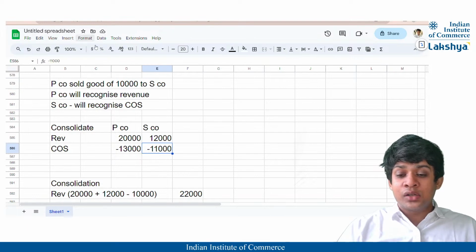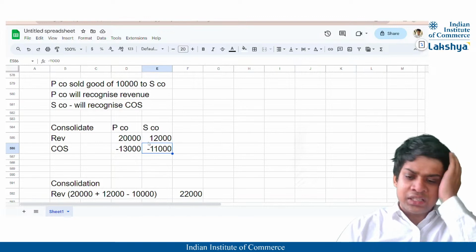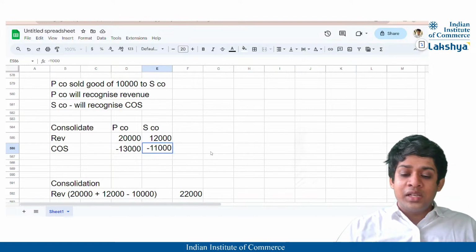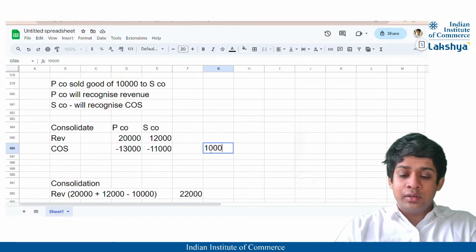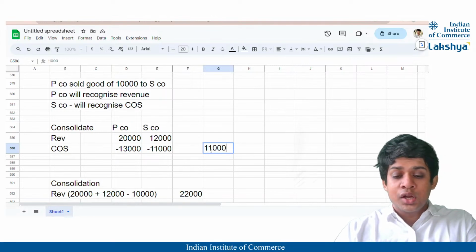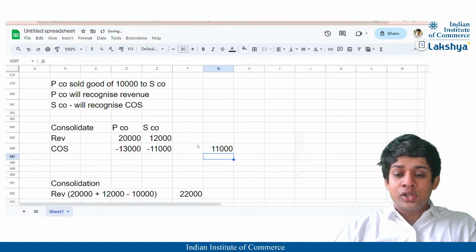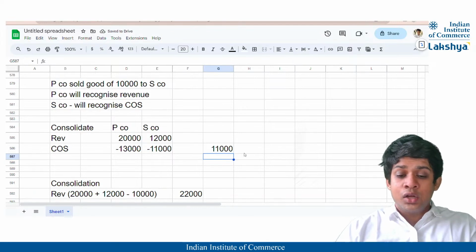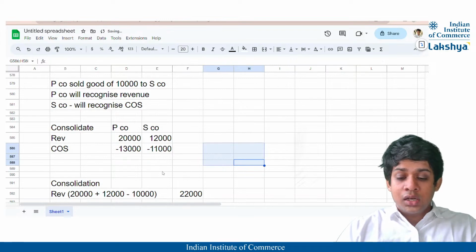So that 10,000 shall be eliminated from the cost of sales as well, because the subsidiary company has purchased 10,000 worth of goods from the parent company, so that shall be eliminated as an intra-group sale, correct?